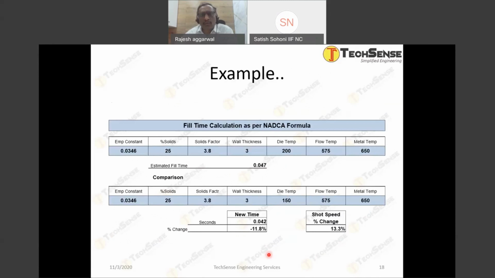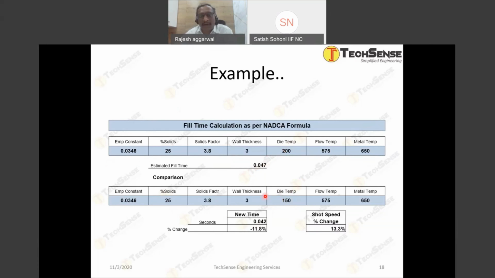So there are two calculations, just to understand the impact of the different variables and how they are impacting. With a thickness of 3 millimeter, the fill time comes out to be 0.047 seconds based on these temperature conditions, and these are the constant factors and variables. If the die temperature is changed, with everything else kept constant, only one temperature variable changed, the fill time requirement changes.